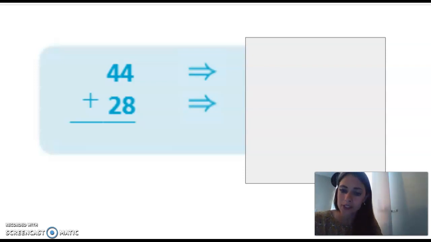So when we're rounding to the nearest 10, I'm just doing a little review, and we are rounding our equation before we solve it. We are looking at the ones place value, okay? We're looking at the digits that are in the ones place value. So rounding our addends, these are our two addends. We don't know the total yet, so that's what we're solving for.